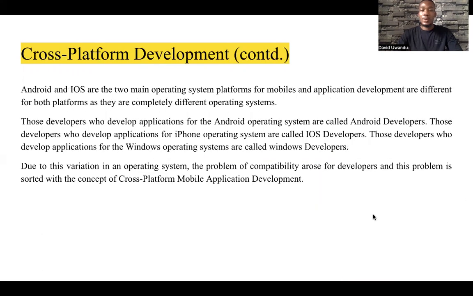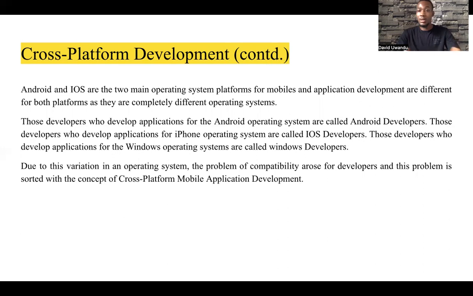Yes, so Android and iOS are the two main operating systems these days. If you're not using an Apple phone, you're using an Android phone. And those developers who build for Android are called Android developers, and the ones who build apps for iOS are called iOS developers. And also those who build for Windows are called Windows developers. So due to this variation in operating systems, there was an issue of compatibility, because you can't have an iOS app running on an Android phone.